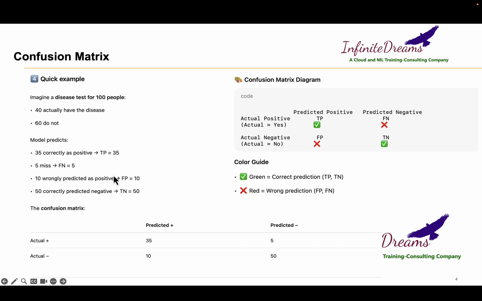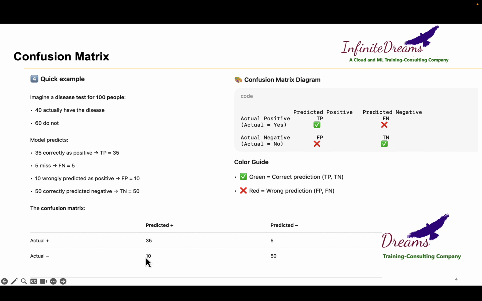Let's put it in this matrix. 40 people have the disease. This is the real data, so this row should be 40. 60 people do not have the disease. This is the negative data.